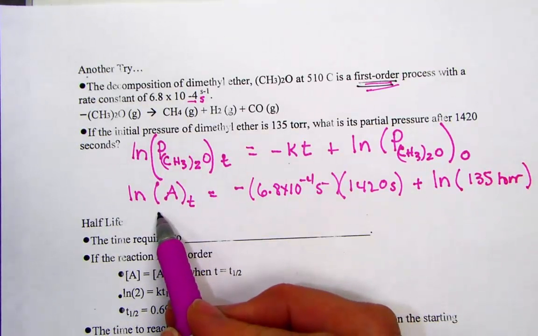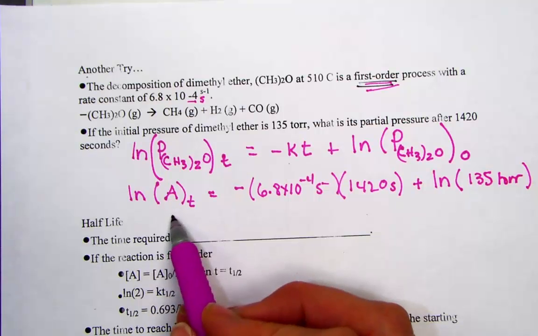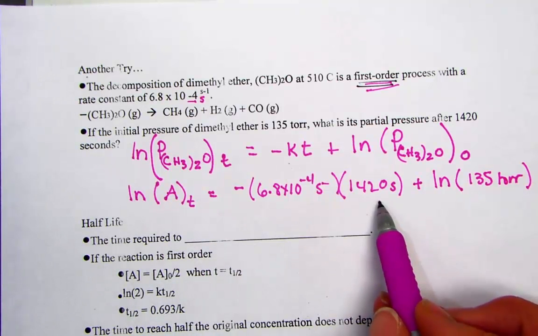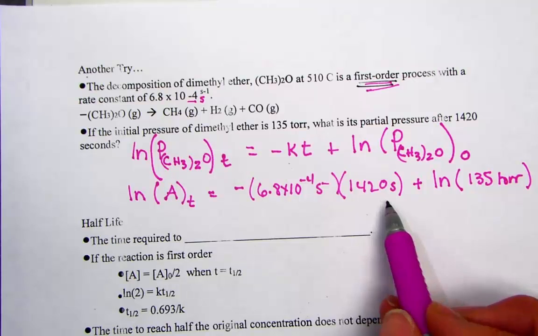We want to know the partial pressure of our reactant after 1420 seconds have gone by.